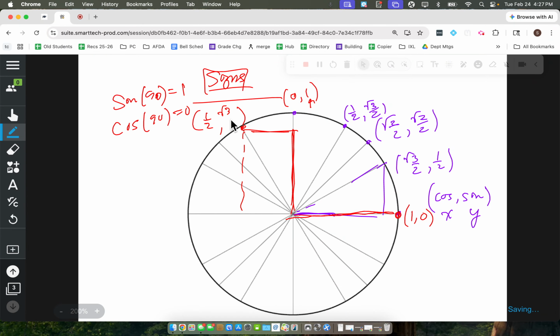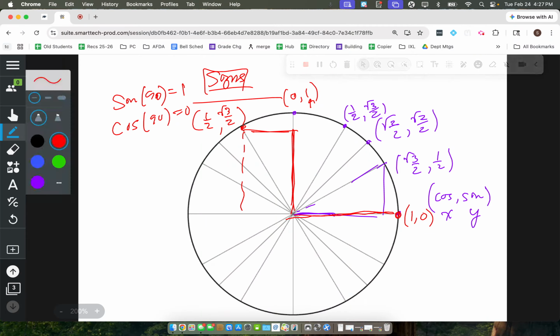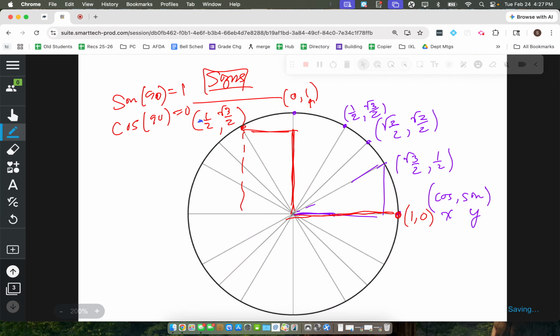And so that's root 3 over 2, but I am missing an important thing, which is it's negative 1/2, right? Negative 1/2, positive root 3 over 2. That point right there is negative root 2 over 2, positive root 2 over 2. This is the cosine. This is the sine, okay?